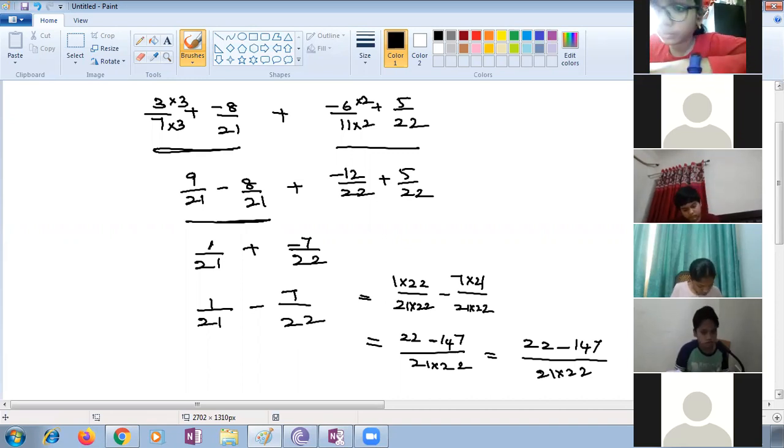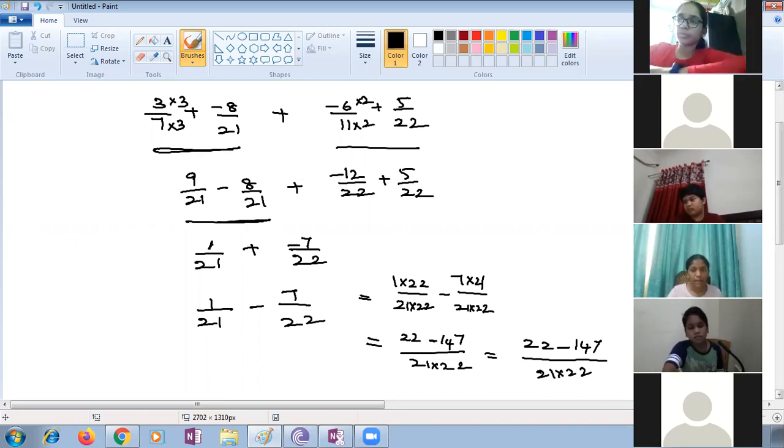See, children, which property are we using here? The number is traveling here, that means we are using the commutative property. And also we are making pairs, the first two numbers as a group and the second two numbers as a group, so we are using both commutativity and associativity.